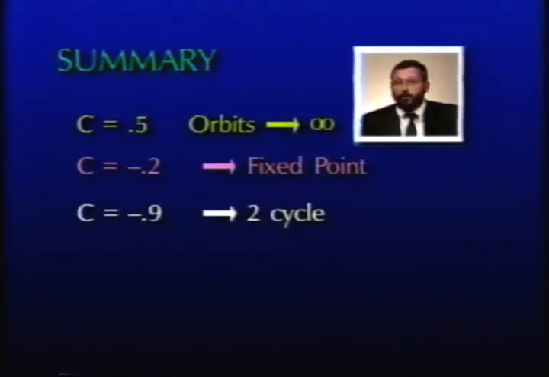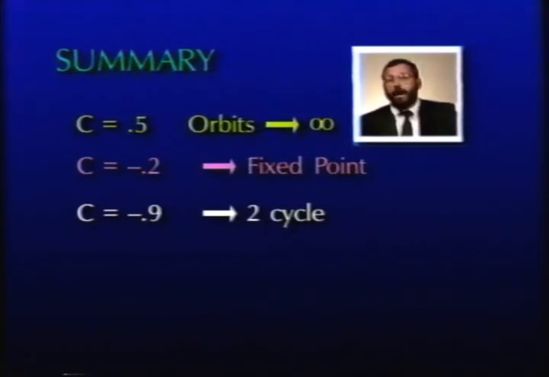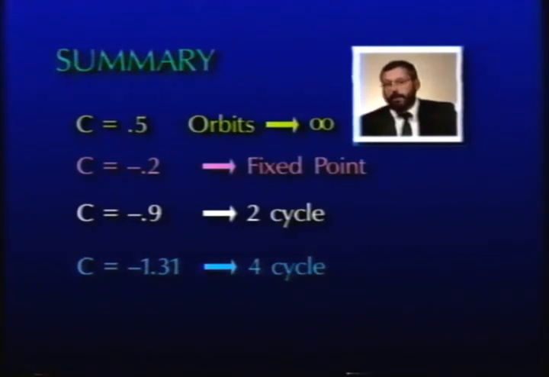Now, as we continue to lower the value of the parameter down to minus 0.9, we again see a change. Instead of being attracted to one fixed point, orbits are now attracted to a cycle of period 2. They tend to bounce back and forth between two different numbers. As we continue to lower the parameter, we again see a change. When c is minus 1.31, we saw that typical orbits were attracted to a 4 cycle. They tended to bounce back and forth between 4 different numbers.